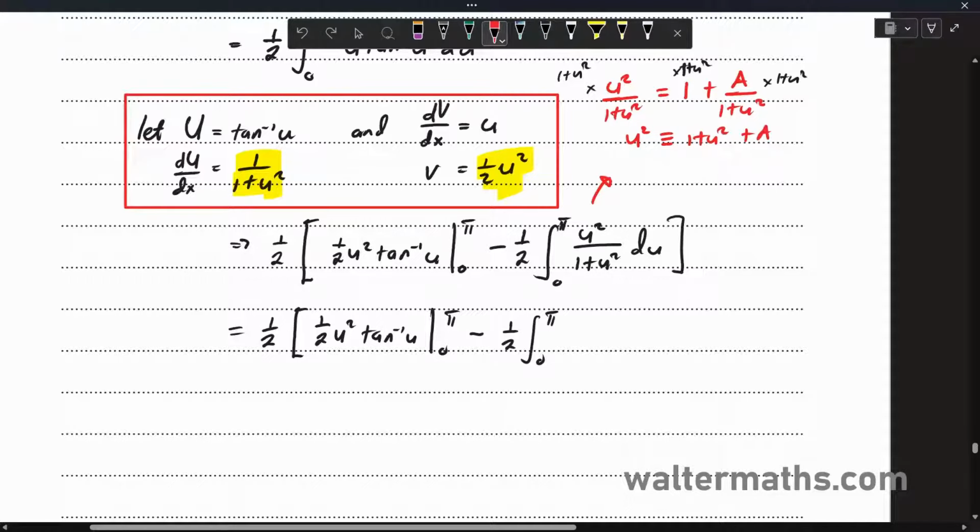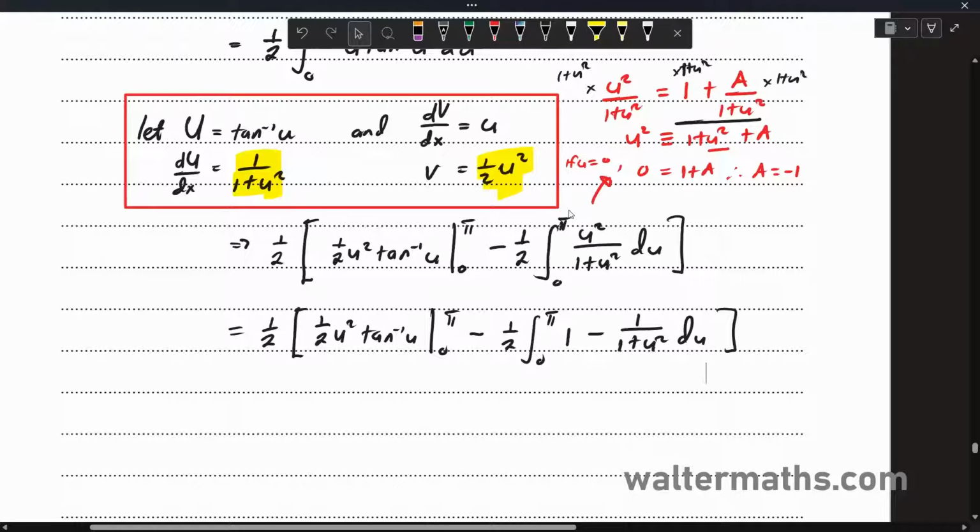If we say u is 0, then 0 equals 1 plus a, therefore a is equal to minus 1. So we can express it in the form 1 plus a over 1 plus u squared as 1 minus 1 over 1 plus u squared with respect to u. Okay, did you get that?